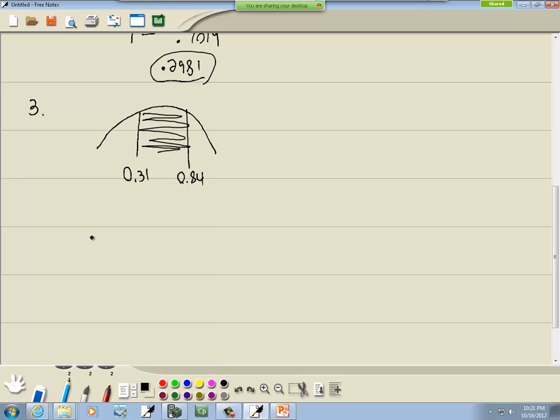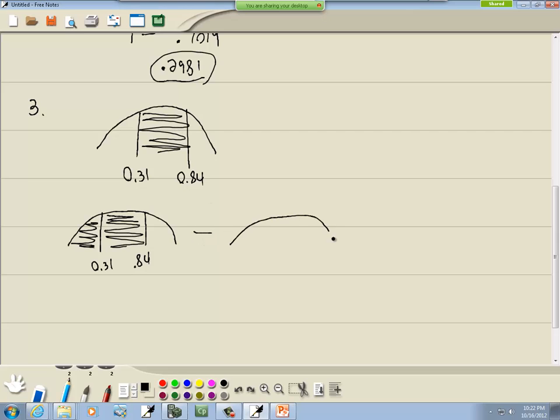Well, that's not based upon the area to the left. Well, let's envision that we start off with all this shaded. So everything to the left of the 0.84. I want to end up with this.